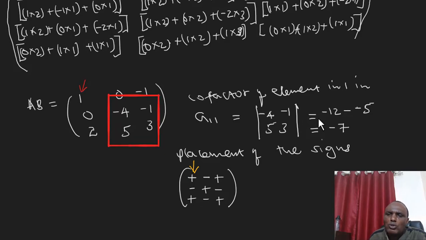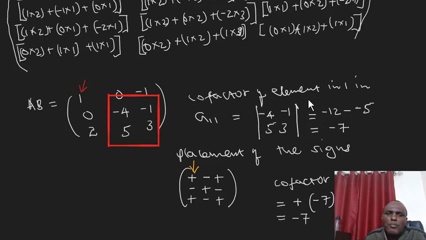Now when we come to place the sign so that we can get the cofactor, we are going to multiply negative 7 with a positive sign here, and it will not change. That is the cofactor now. Cofactor of element 1 therefore is equal to, we put positive sign, we multiply it with the negative 7 there, and the cofactor now becomes negative 7.